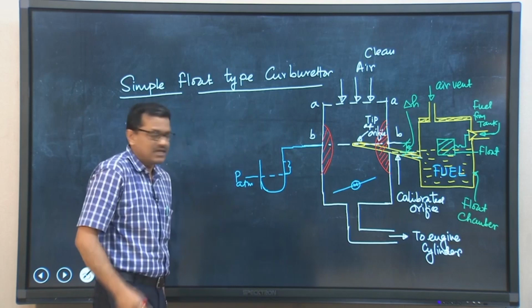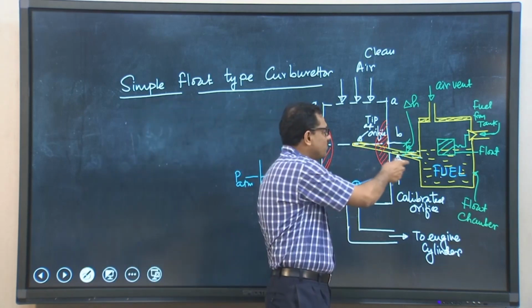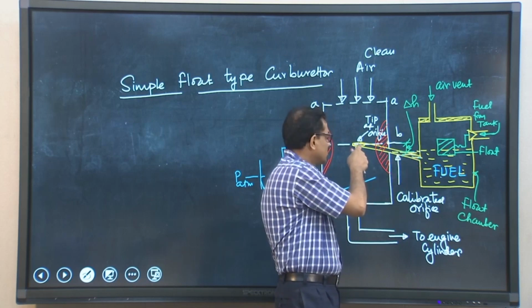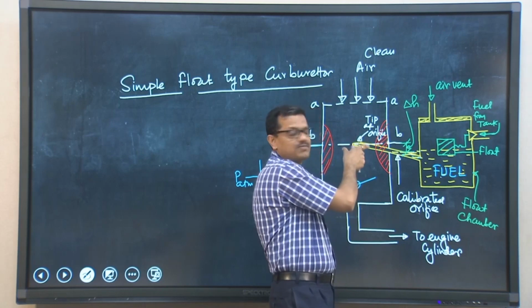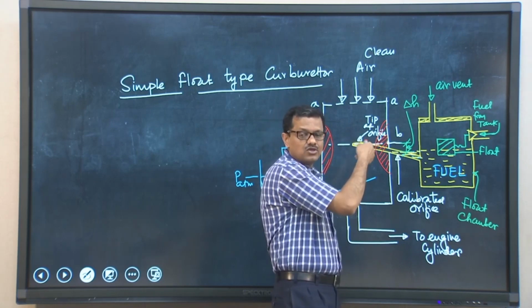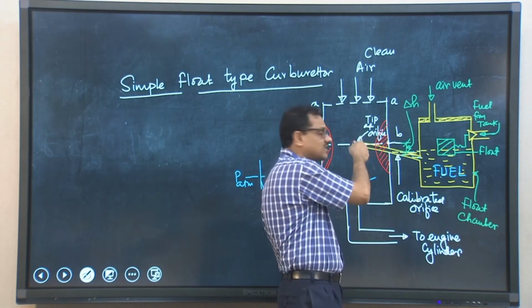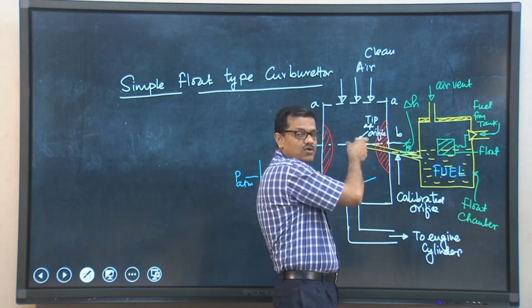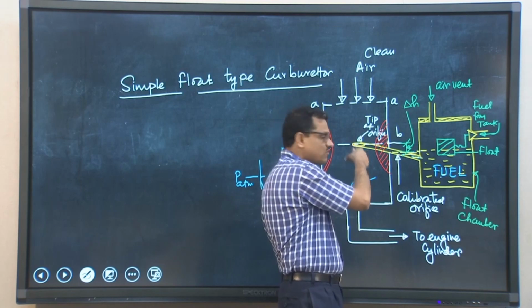The good thing is the reduction in pressure will allow liquid fuel to flow from this chamber to this particular point. The moment fuel is injected, the velocity of air here is even more. So, the high velocity of air will atomize the fuel being injected here, and that will be convected. So, basically that fuel which is atomized.